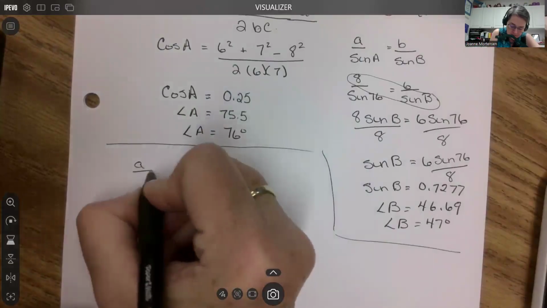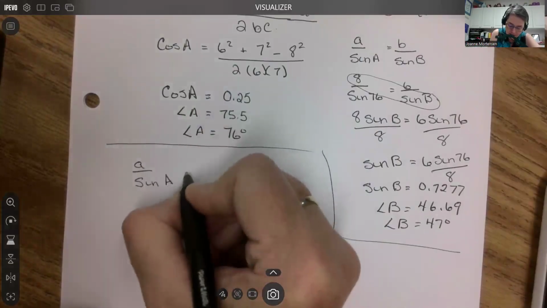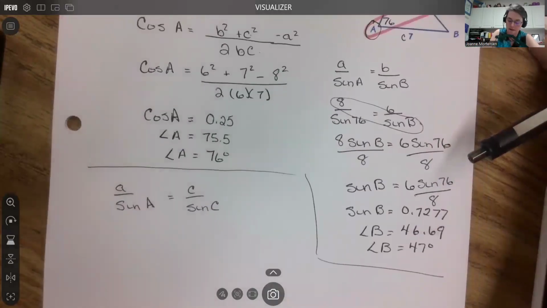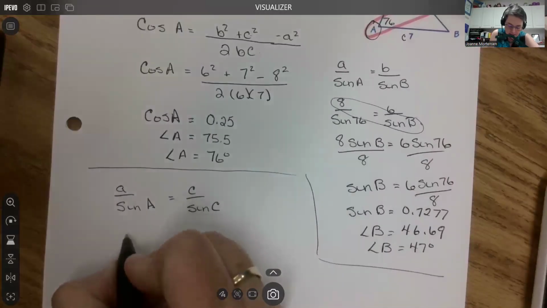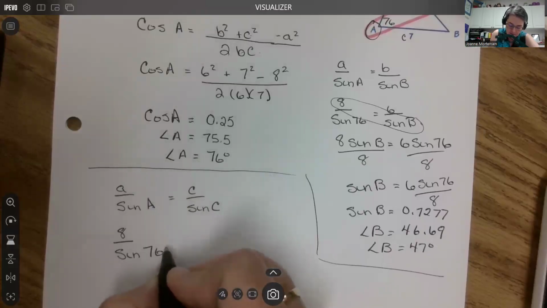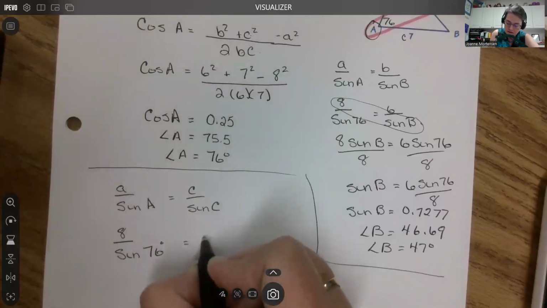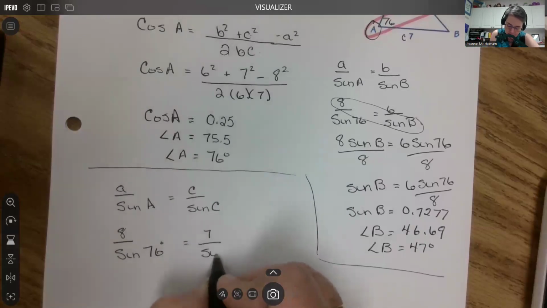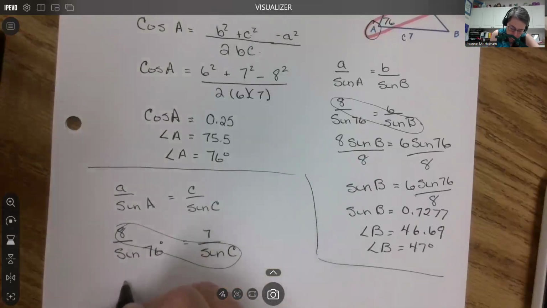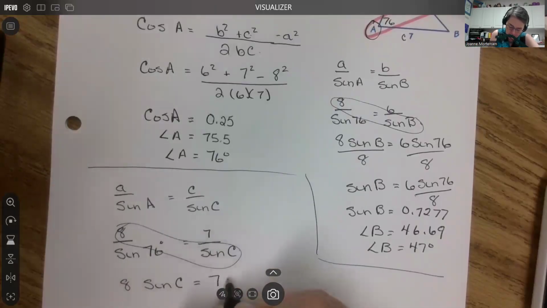So A over sine A is equal to C over sine C. A was 8 over sine 76 is equal to C, which is 7 over sine C. Cross multiply, 8 sine C equals 7 sine 76, divided by 8, divided by 8.